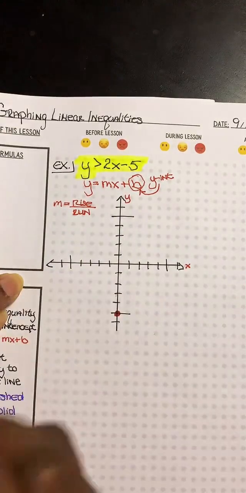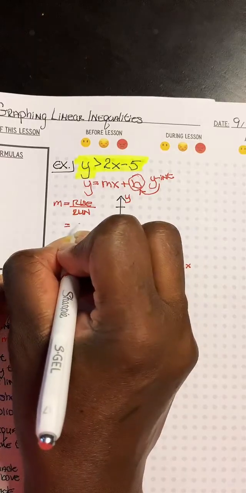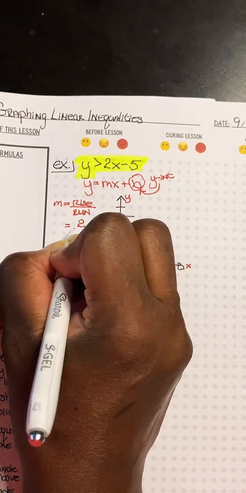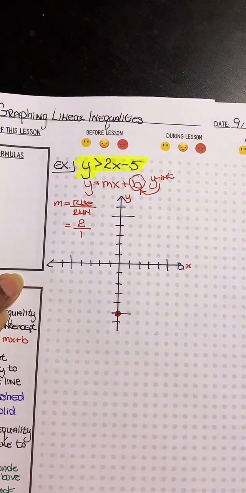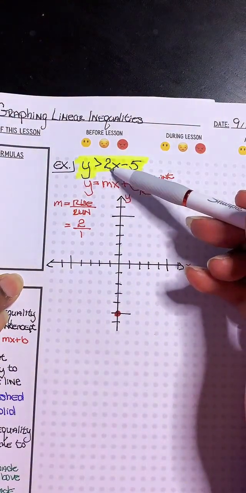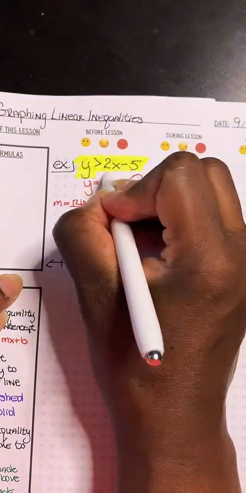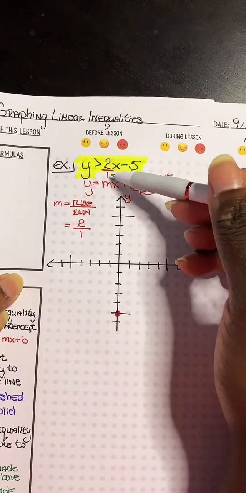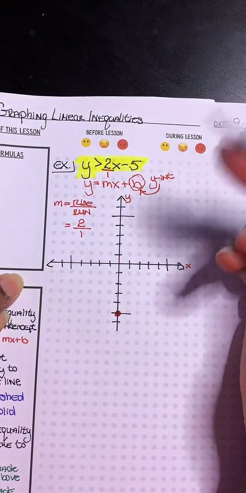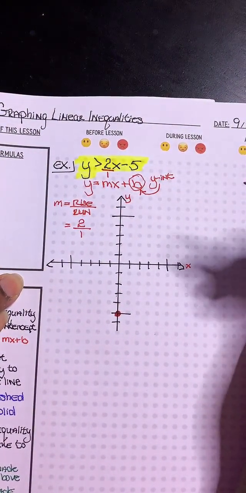And anytime you get a whole number like we do now, we have to make that whole number into a fraction, because slopes are always fractions. Okay? They're always fractions. So, since it's a whole number of 2, if I put a 1 underneath it, now I can make it my true slope, my rise over my run.